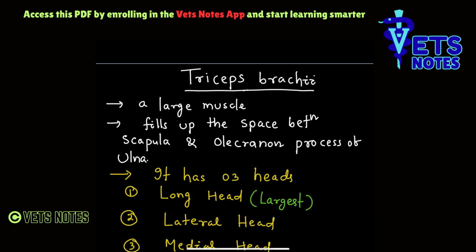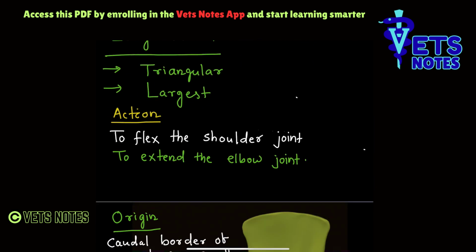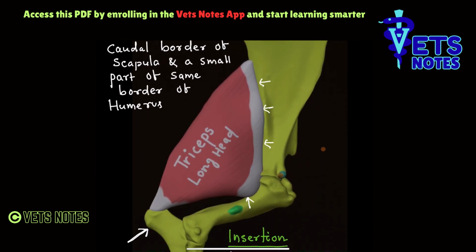Next muscle is Triceps Brachii muscle. It is a large triangular muscle, fills up the space between scapula and olecranon process of ulna. You can see, this large triangular muscle.